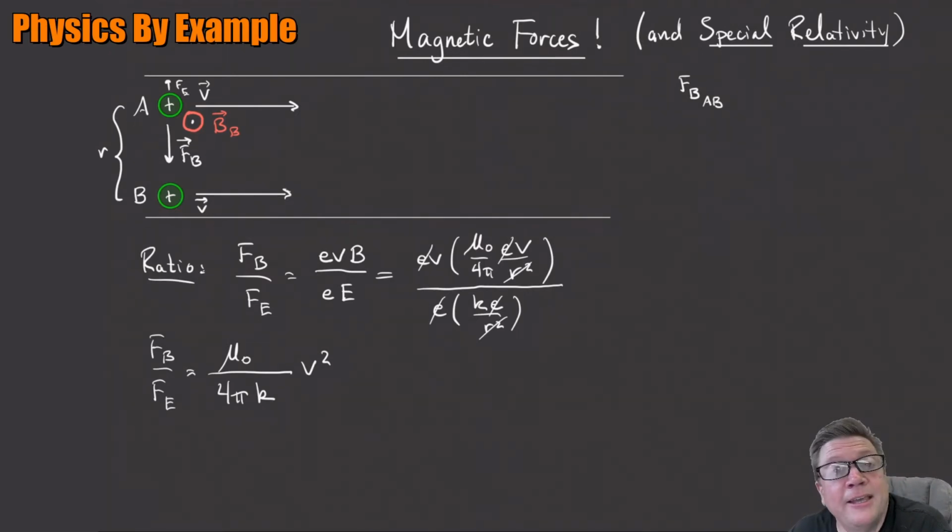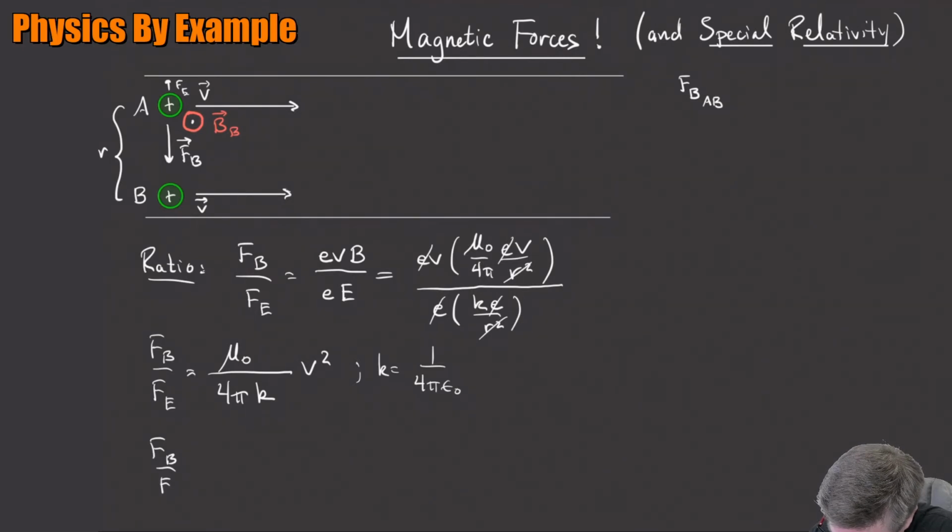Remember, K I could write in terms of another fundamental thing called epsilon naught. K is 1 over 4 pi epsilon naught. So let's plug that in there. And the nice thing about that is that those 4 pi's are going to cancel, right? So this ratio, FB over FE, is just going to be mu naught epsilon naught V squared. So there's our ratio.